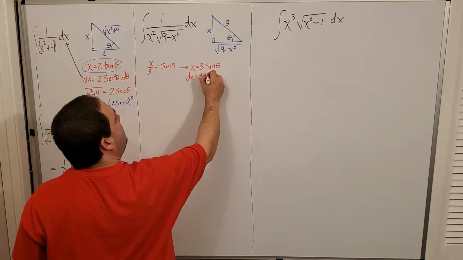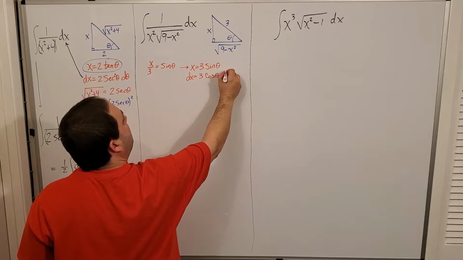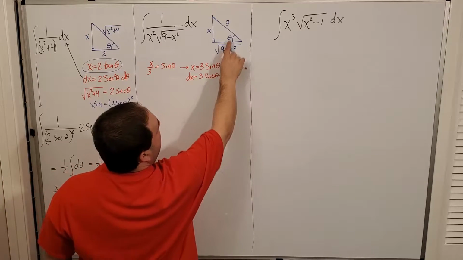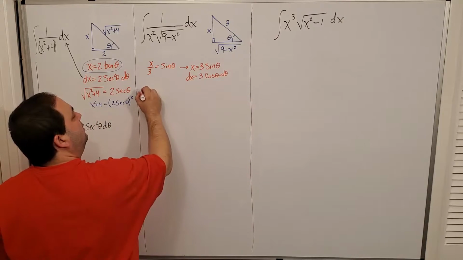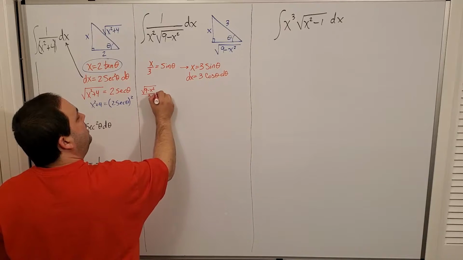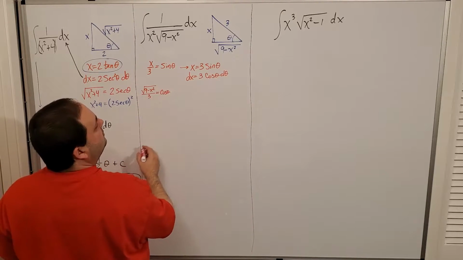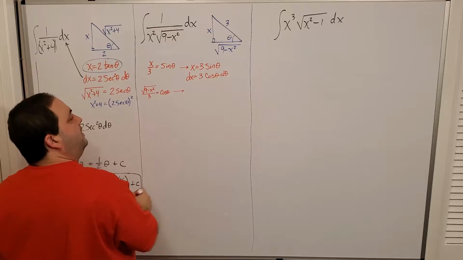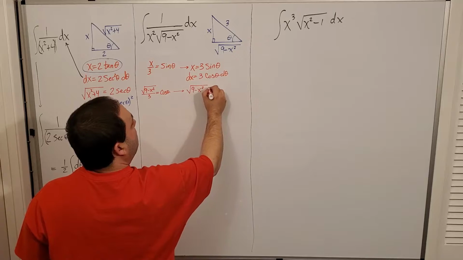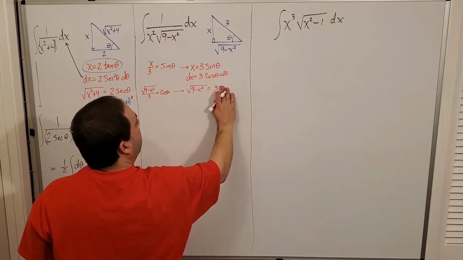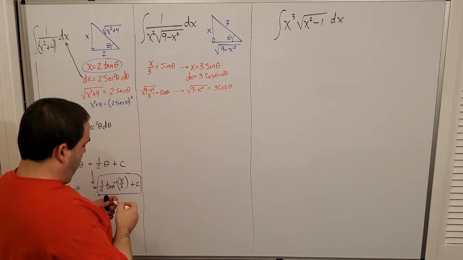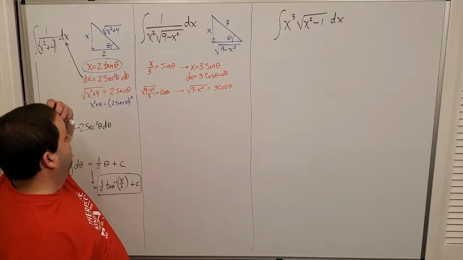Dx is then 3 cosine theta d theta. And lastly, I notice that adjacent over hypotenuse, the square root of 9 minus x squared over 3 is equal to cosine theta. So I can get that third piece of info: my square root of 9 minus x squared is equal to 3 cosine theta. So I've got my 3 important pieces there.